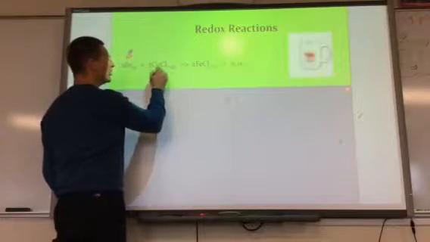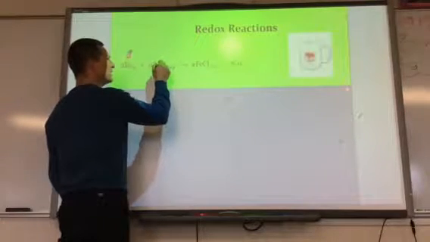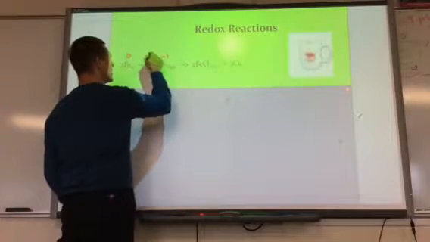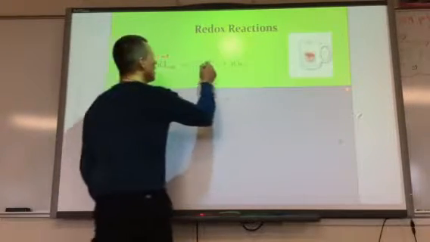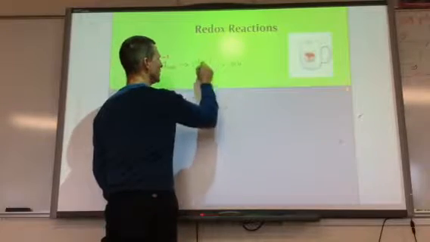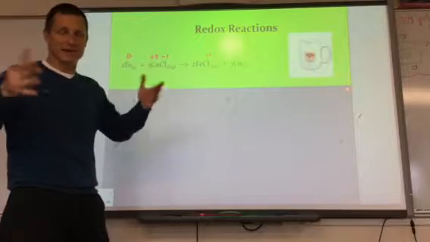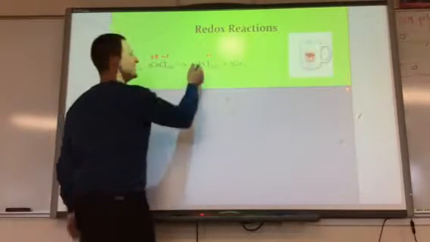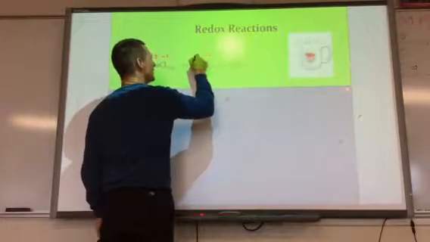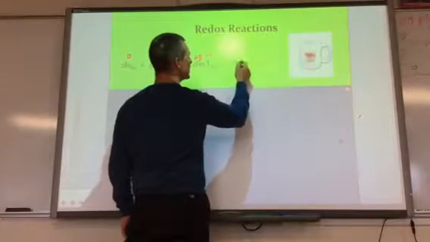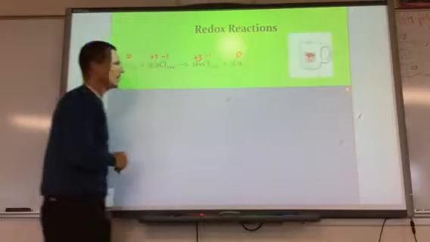The copper and the chloride, because the chloride is -1, it's just a monatomic ion, we figure out the copper is +2. Over here, the chloride is -1 again, so the chloride just winds up being a spectator. It doesn't do anything except just be there. It doesn't change at all. The iron, however, did change. It's a +3 here. And then the 3 coppers wind up with 0 oxidation number.